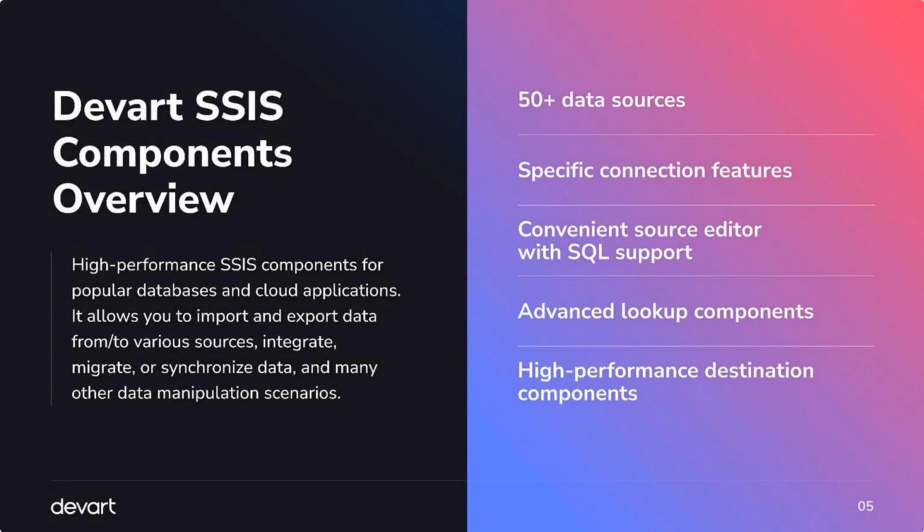The source editor offers SQL support for precise data extraction and manipulation, while high-performance lookup components ensure quick, accurate data matching. The destination components enable fast, efficient data loading, ensuring smooth scaling without performance issues. With Devart, you can integrate data faster, more accurately, and with minimum friction.